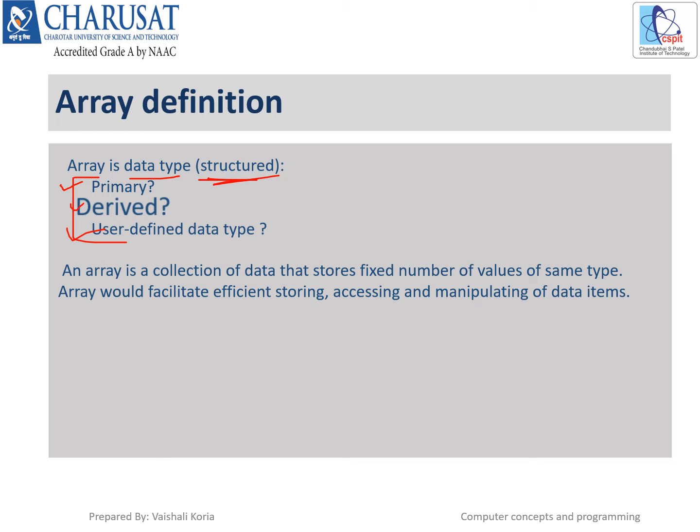Also, what is the definition? An array is a collection of data that stores a fixed number of values of the same type, meaning integers of a certain size, and it is a collection of data. Which operations can we perform on the array? An array allows for efficient storing, accessing, and manipulation of the data items.